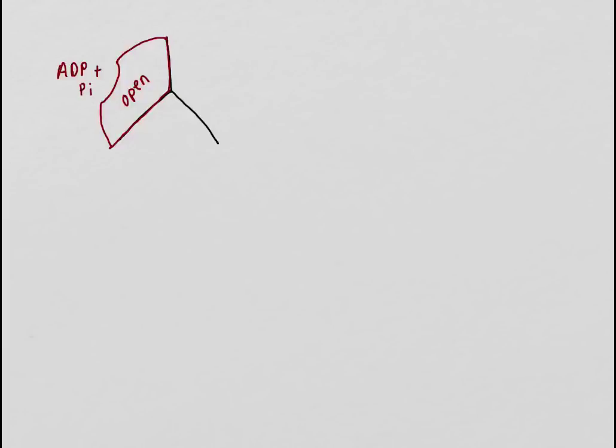Now, the next site is going to be in the loose conformation. And at that site, we'll draw it like this. The loose site, we'll see that ADP and Pi are bound. So in here, ADP plus Pi.